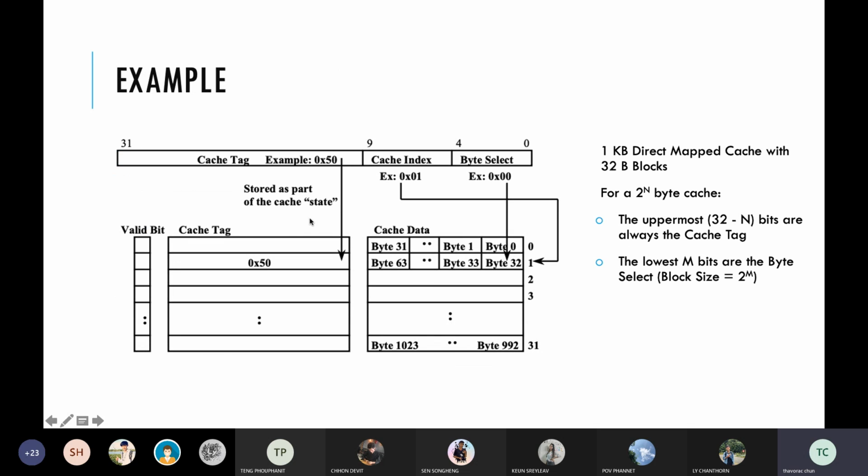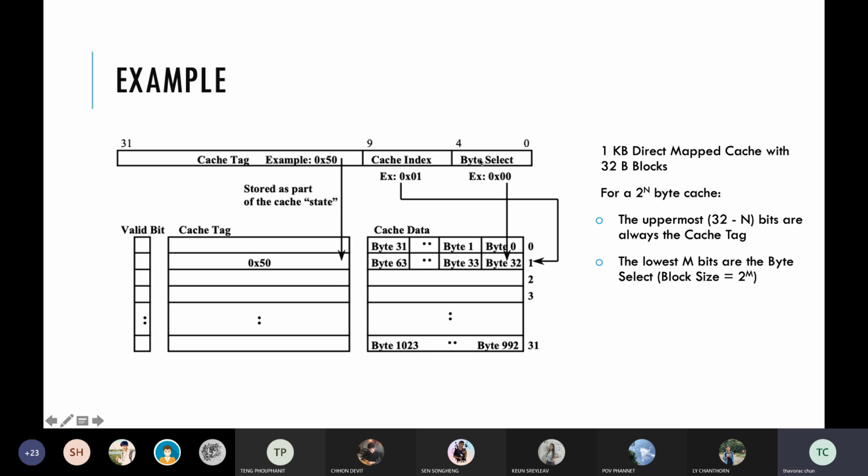And here, we have an example of the architecture of the cache. Like you saw last time, here is the memory address, which has a 32-bit address. Just an example. From 0 to 9, this is 10 bits, which contains the cache index and the byte select. Byte select here refers to the offset that you have seen last term.